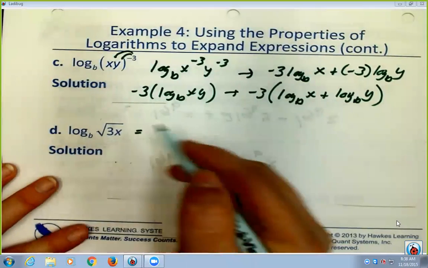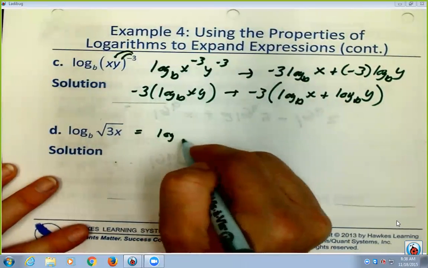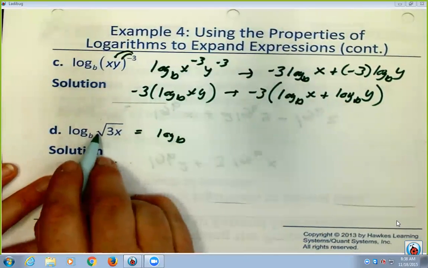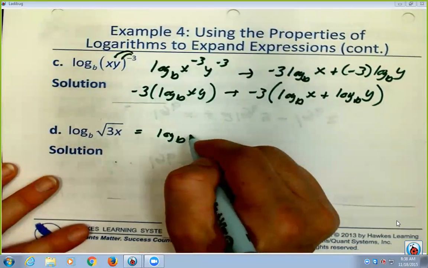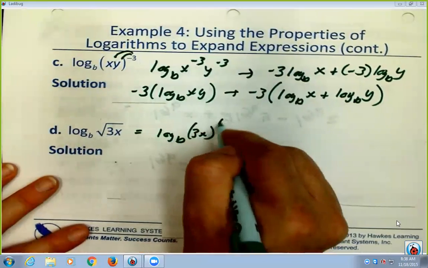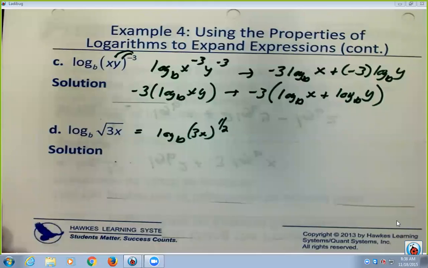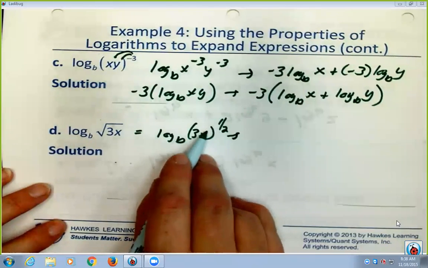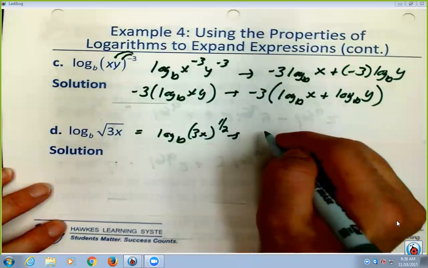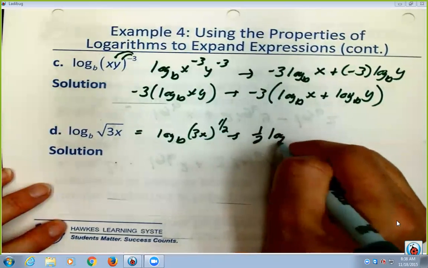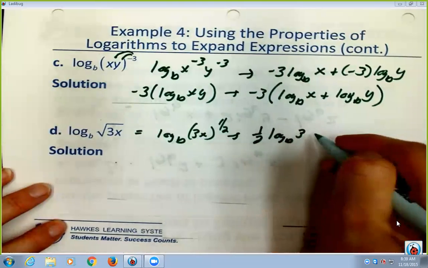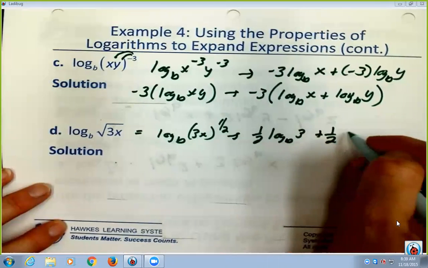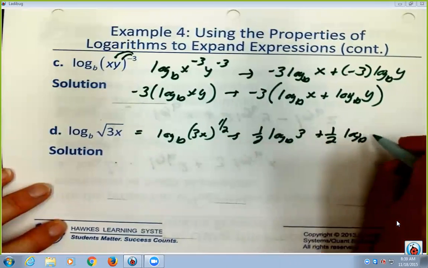This next one is log b, but this is really a half. So we could distribute it by each piece and bring it out in front and have 1/2 log b3 plus 1/2 log bx.